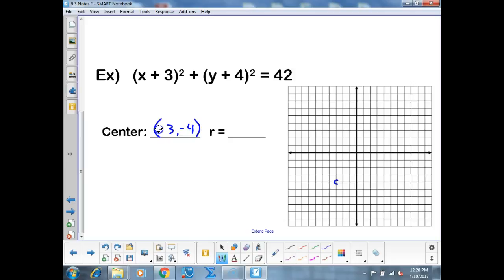There is none. If there is none, then it's just a point. A point is a circle with no radius. What's the radius? Square root of 42. Well, it's like 6.48 something.